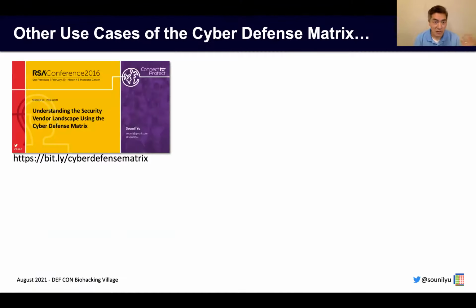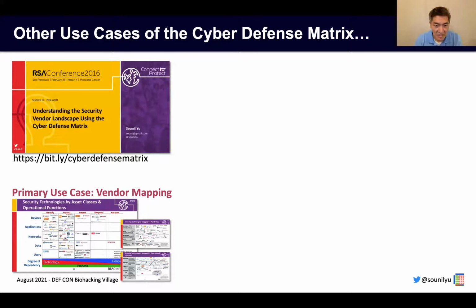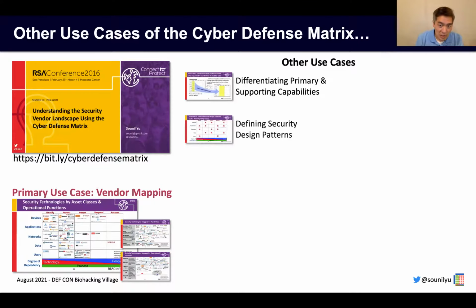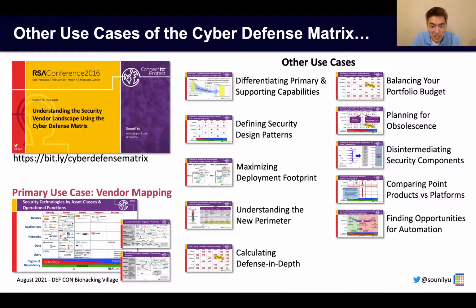Now, the cyber defense matrix, I've just shown you really just a small handful of use cases. My original use case, as I mentioned, was just to map vendors. But back in 2016, I showed a whole bunch of other use cases, which I'm not really presenting here. If you wanted to dig further into some of these, feel free to look at the link here, and you'll see some of the use cases that I presented then.